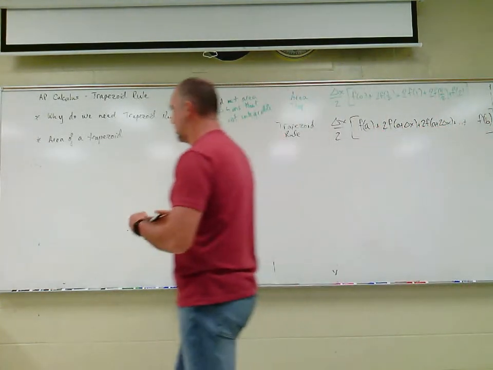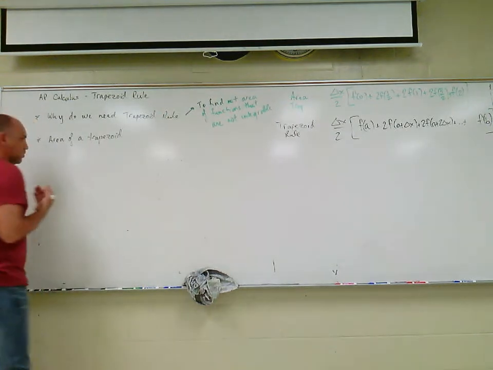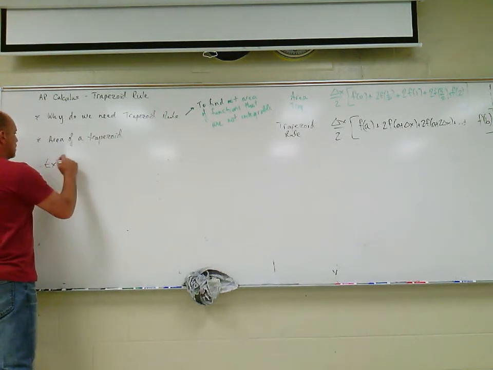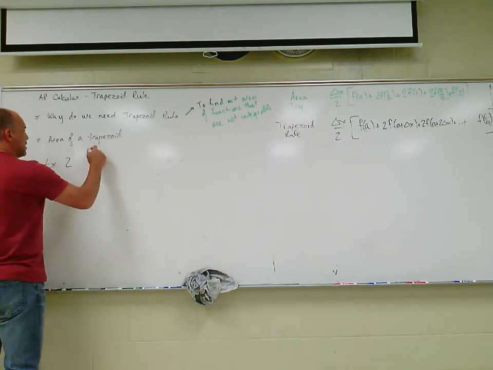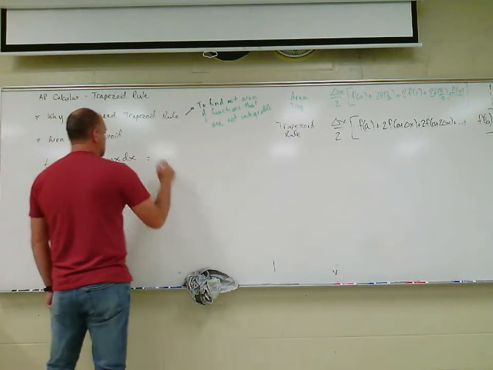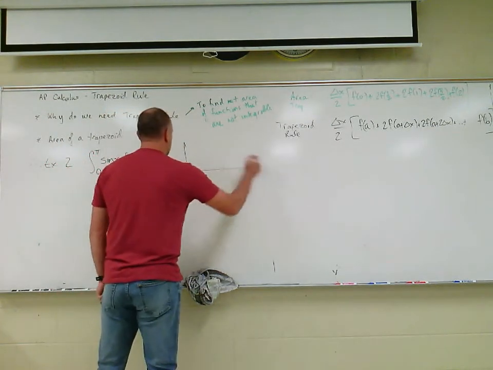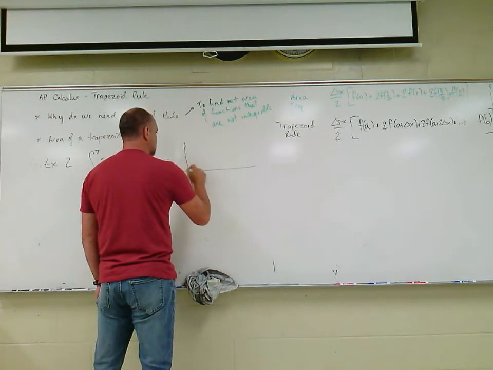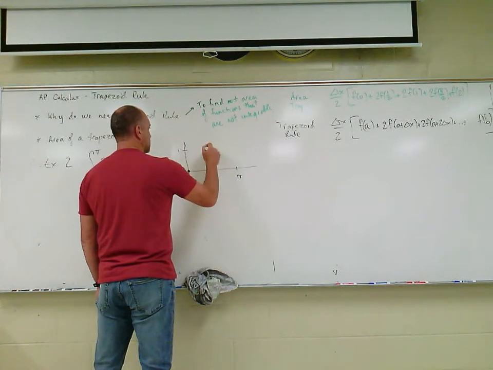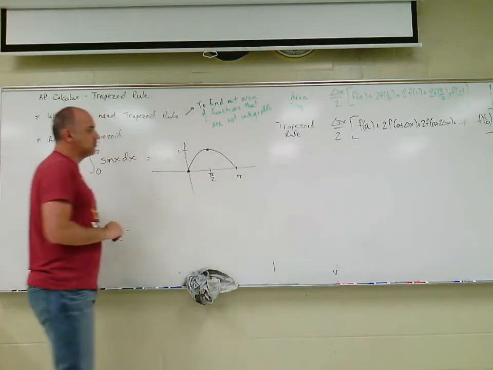So let's do this one here, which we will do with the trapezoid rule, and then we'll do it exact. So 0 to pi of sine x. If we look at this picture, there you go.